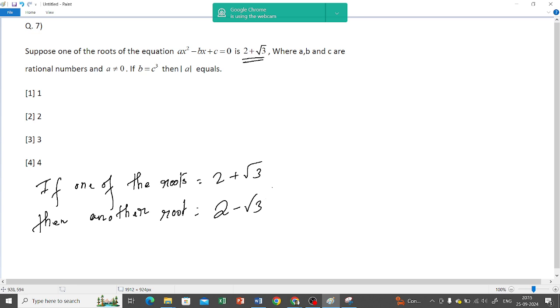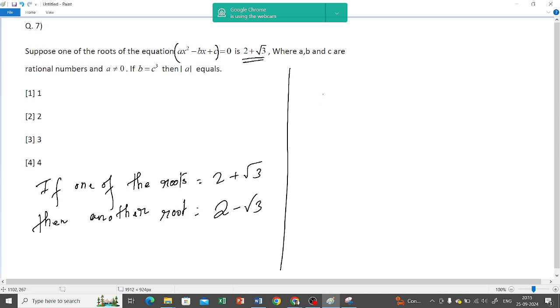Now we will come to the concepts of product of roots and sum of roots. Now tell me, Shrutama, what will be the sum of roots from this equation? Minus b by a. Yes, but minus is already there, right? So it is going to be only b by a.